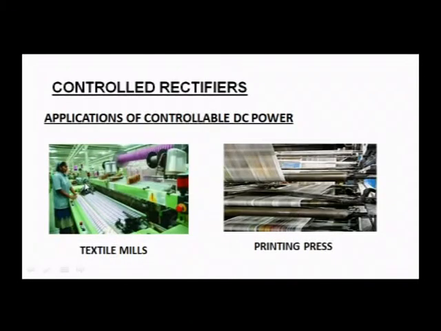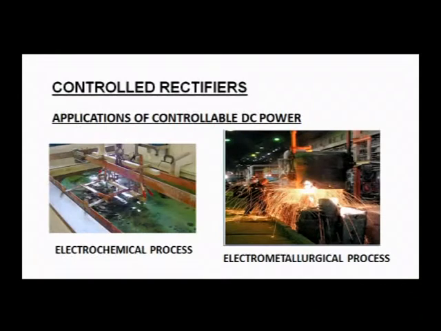Then controlled rectifiers are used in the DC motor drives of textile mills, and in printing presses for newspapers, magazines, pamphlets, notices and invitation cards.